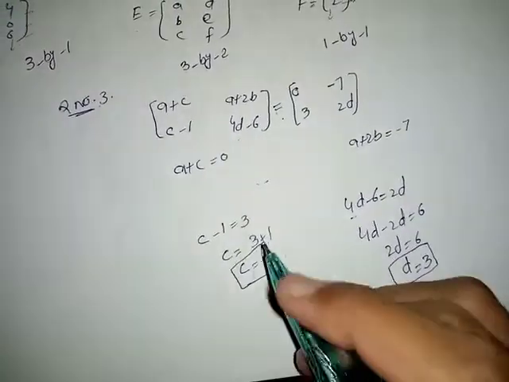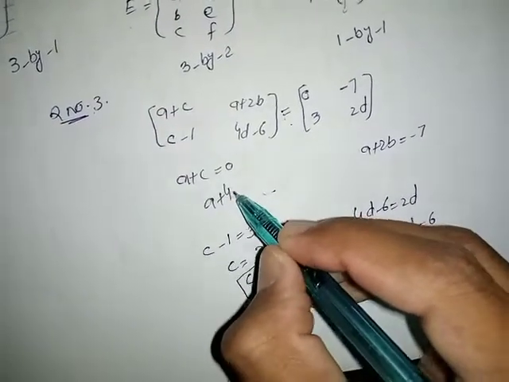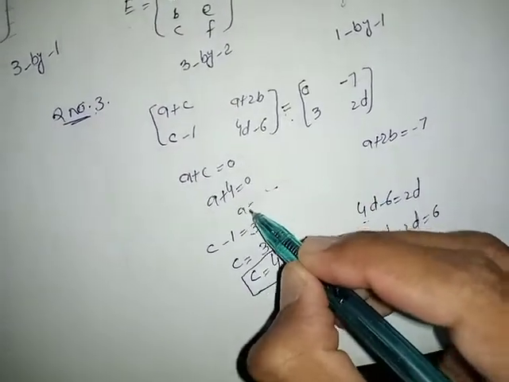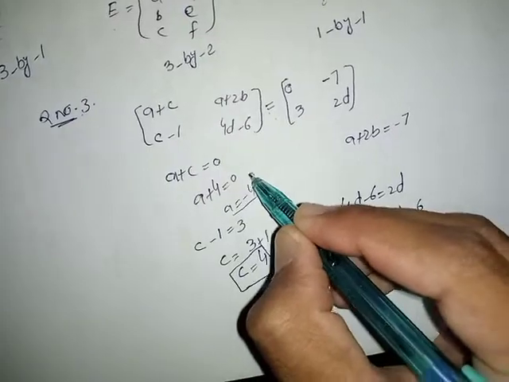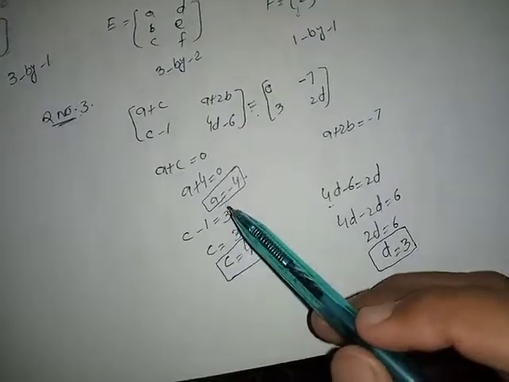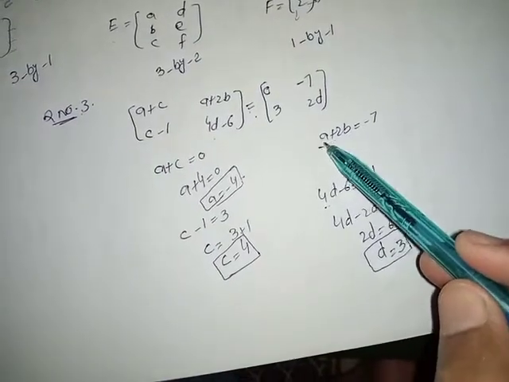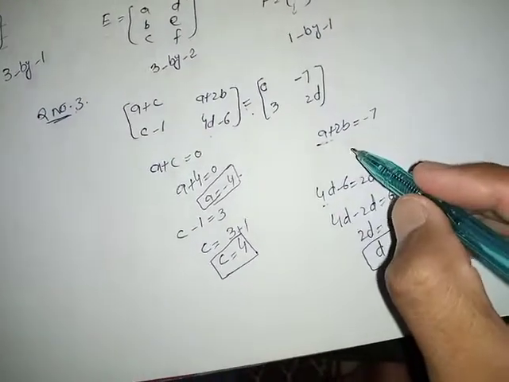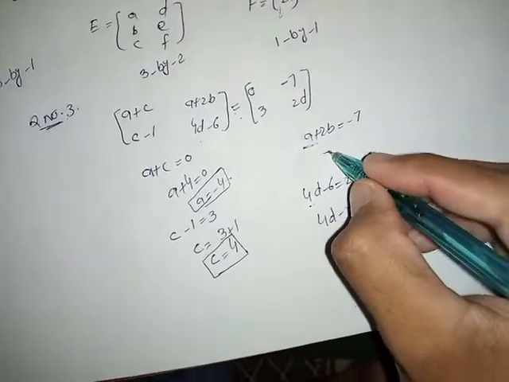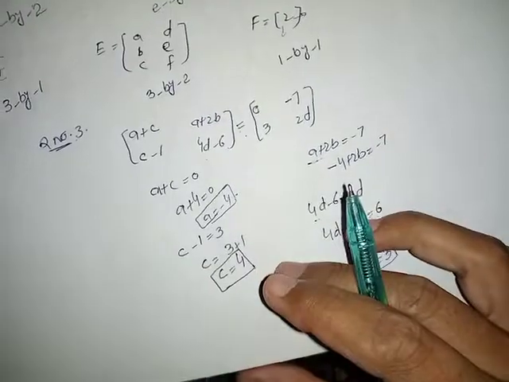Now if we put the value of c in this equation, we see that a plus 4 is equal to 0, and a is equal to minus 4. Now we have found the values of a, c and d. Now we only have to find the value of b. We put the value of a here: minus 4 plus 2b is equal to minus 7.